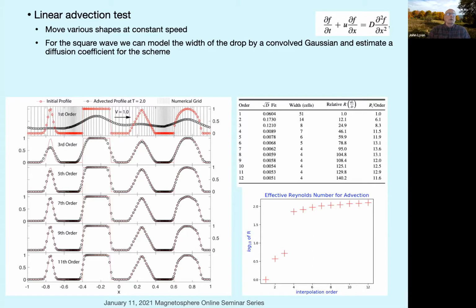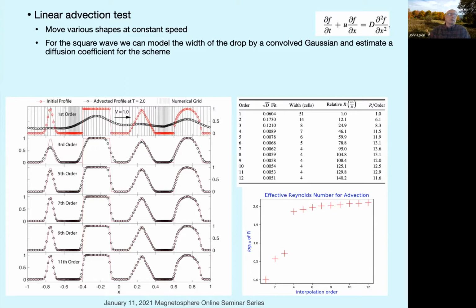If you do that, you can see that as you go to higher order, things get much better. The width goes down quite substantially, and you can get an effective Reynolds number for the advection. A first order scheme has what's known as a cell Reynolds number, which basically means that diffusion has got to happen on the cell size.